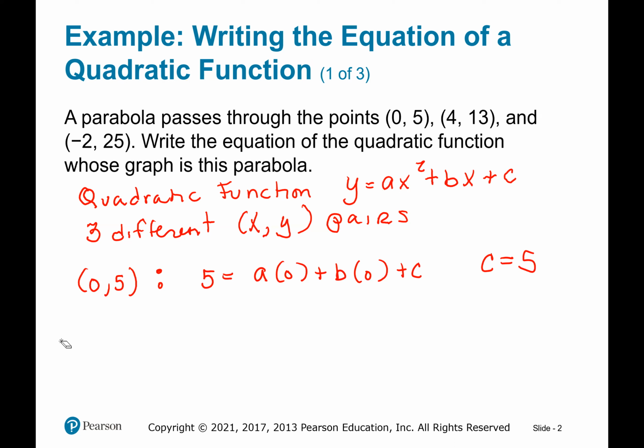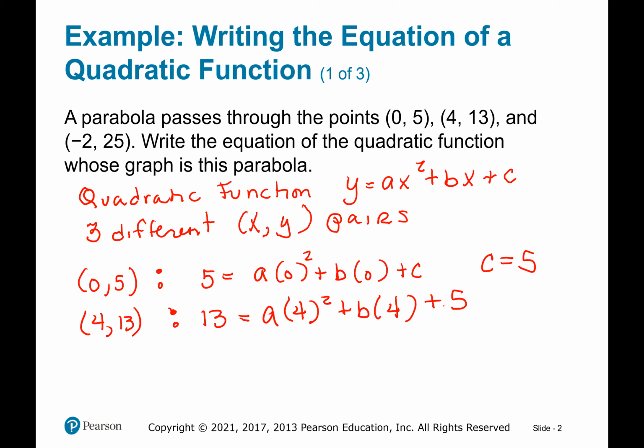Okay, now let's plug in 4, 13. So I get 13 equals A times 4 squared plus B times 4 plus C, which is 5, correct? Can I put that in there? So what do I get?